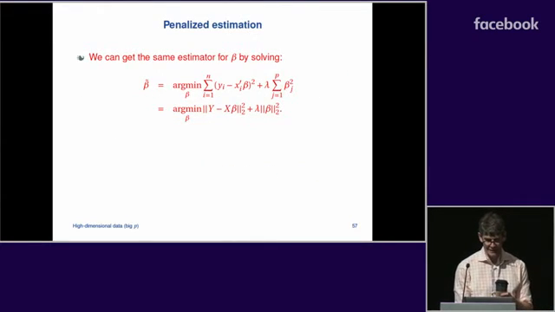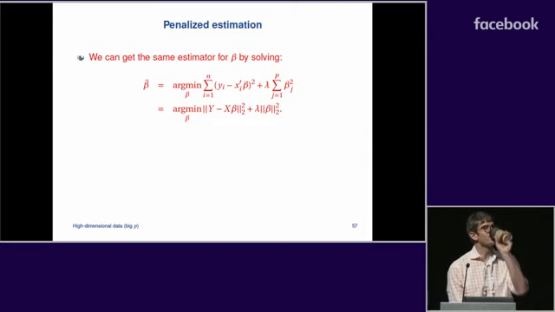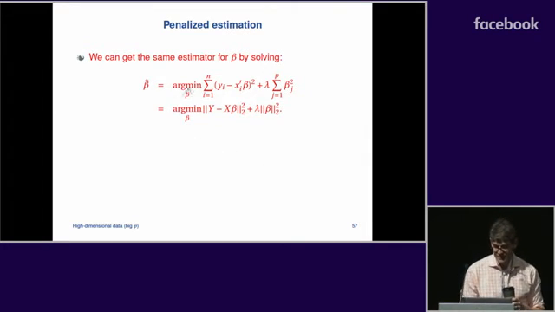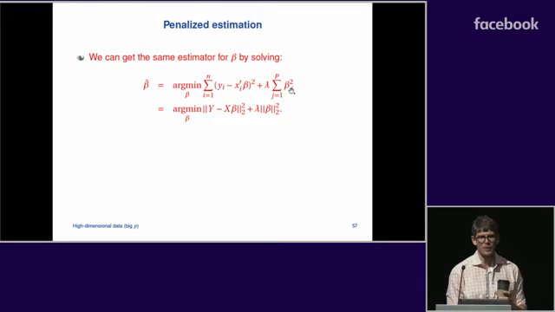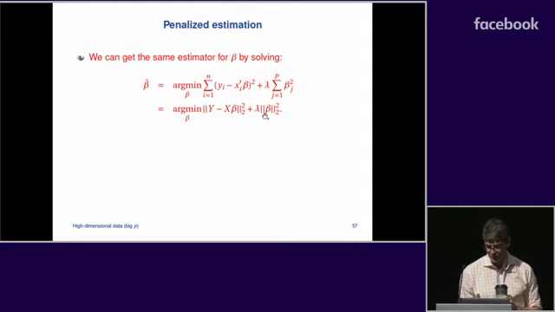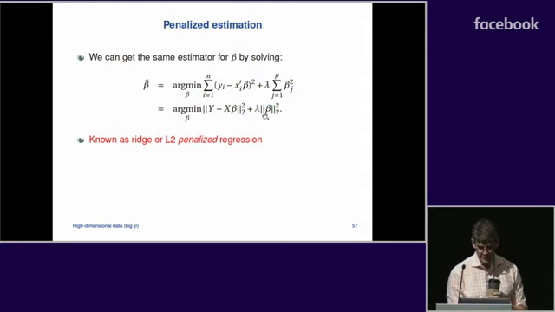We can get the same answer by just solving this penalized optimization problem, which many people in this audience, I'm sure, have seen a million of these types of things. We're minimizing some least squares plus some penalty. And if we had a Gaussian prior, that would correspond to an L2 penalty. So this is known as ridge, or L2 penalized regression.